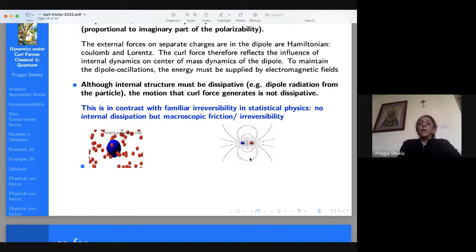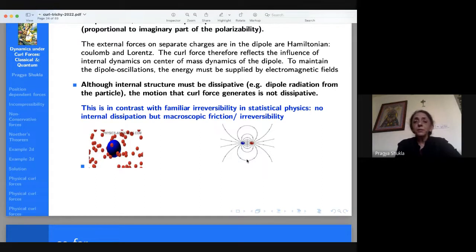However, here is something just opposite. Here, the irreversibility is coming at the microscopic level because of the internal dynamics. At the electromagnetic field level, there is no irreversibility because they are all Hamiltonian forces. But the loss of energy is occurring at the internal degree of freedom, and therefore there is a microscopic irreversibility.